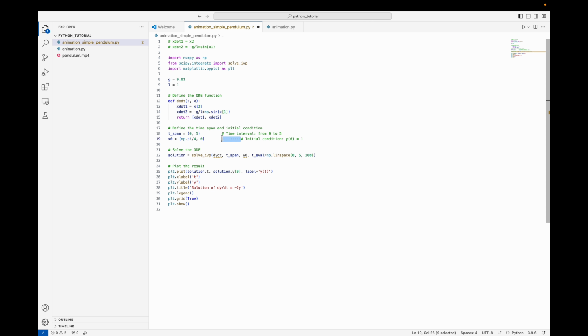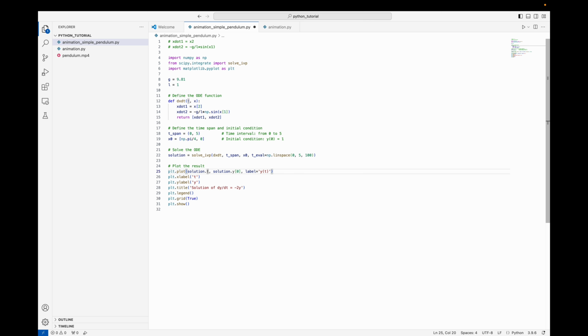Okay, great. And then we want to solve this with solve_ivp, dxdt, that's the name of the differential equation. T span is the same, x0, and I'm solving at these specific points. So the time goes from 0 to 5, and I have 100 time instances, and this plots the results.